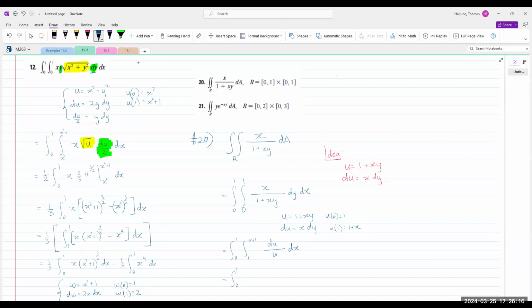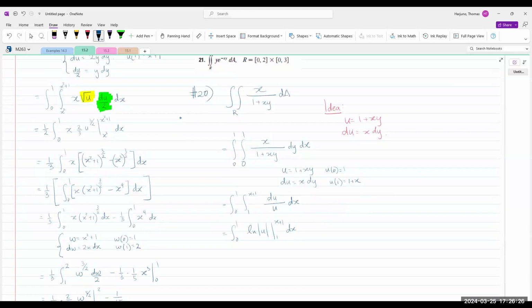The integral of du over u is natural log of absolute u from 1 to x plus 1 dx. You will see this is the integral from 0 to 1 of natural log of x plus 1 minus natural log of 1, which is 0.